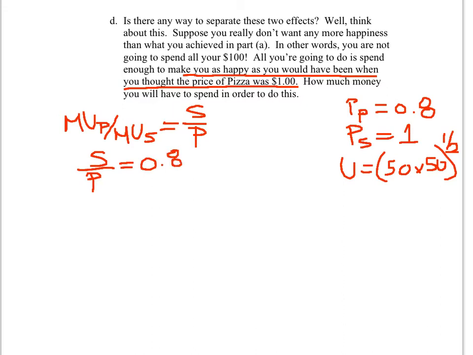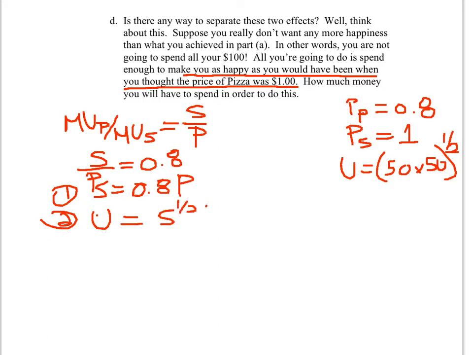That means that S is equal to 0.8 P, right? So it's the same utility-maximizing condition you had in part B. That's your first equation. And your second equation is the utility function, because, again, your preferences have not changed, so that stays the same.